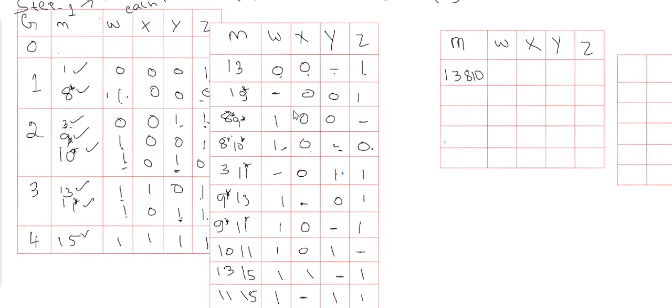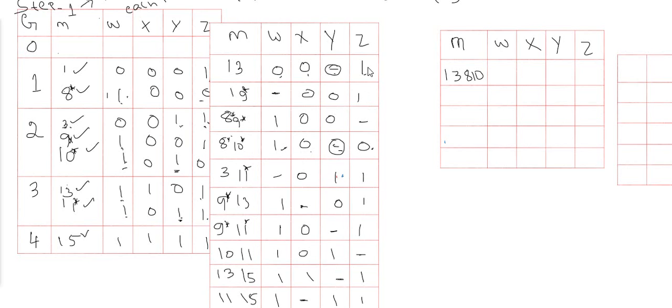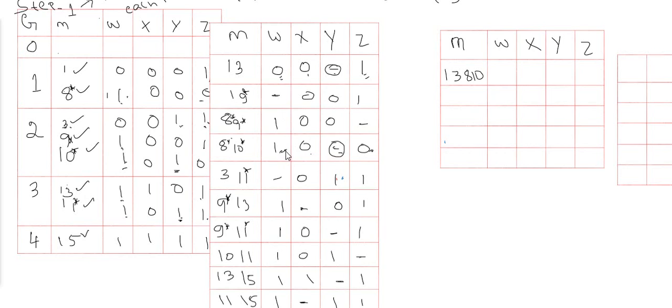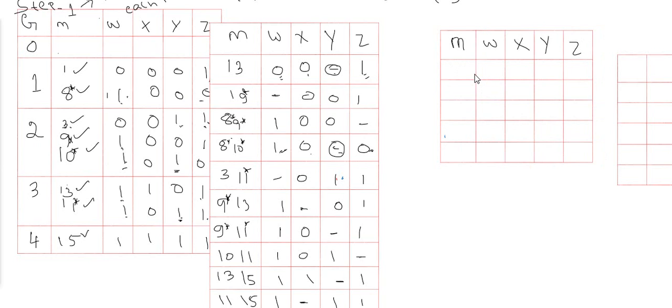So the first condition is satisfied, the dash is in the same position y, but z differs, 1 and 0, and w is 0 here and 1 there, another difference. So this grouping is not possible. You cannot do grouping if there are 2 changes.